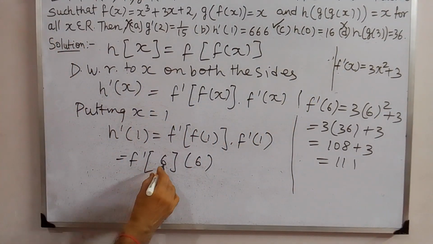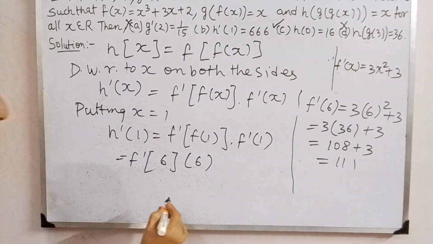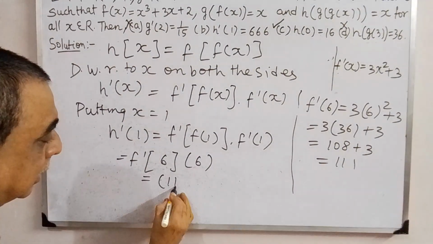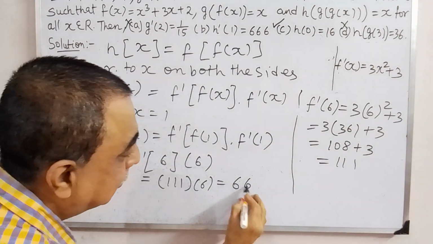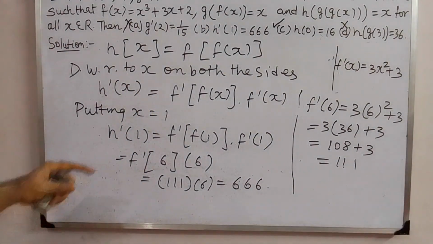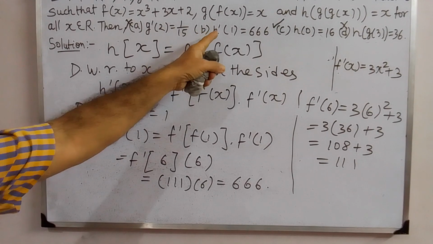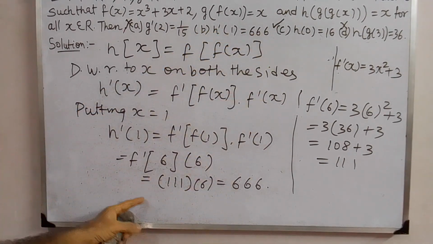So f dash 6 value is 111. So this is 111 into 6, which is equal to 666.